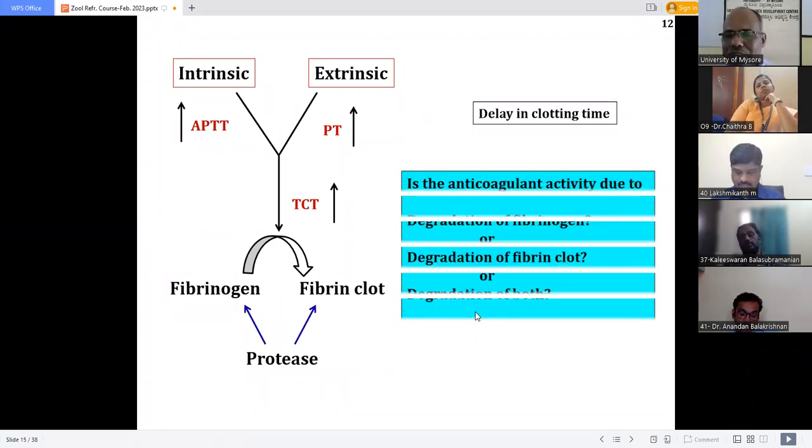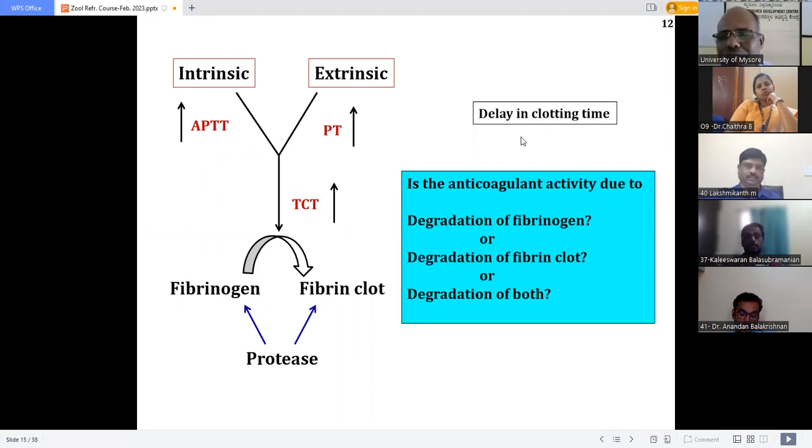So thus, with our protease, we see the delay in clotting time. Then we ask the question, is the anticoagulant activity due to degradation of fibrinogen, or degradation of the fibrin clot, or degradation of both of them? In either case, you see no clot formation.